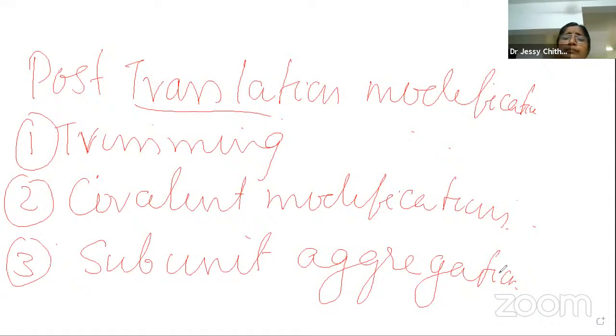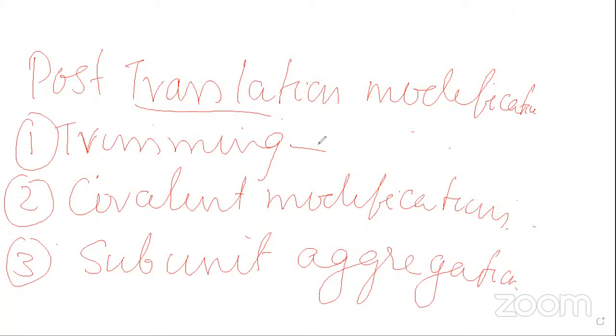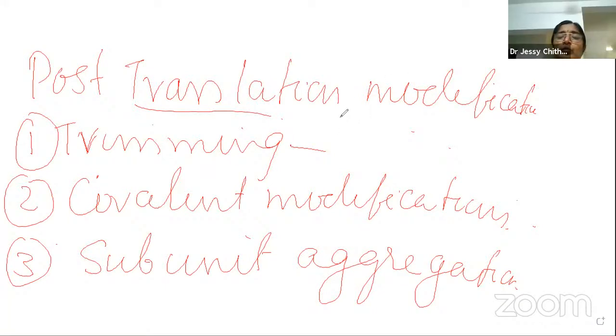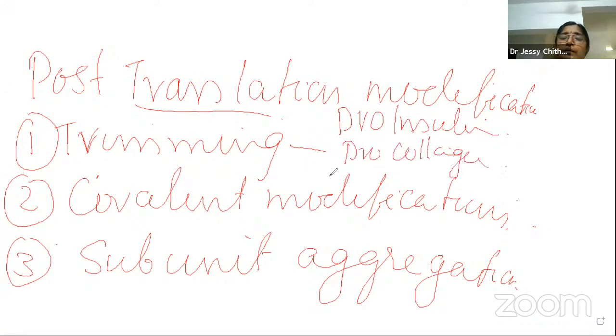What do you mean by trimming? After proteins are synthesized, oligopeptide chains are removed from them. These are the proteins that undergo post-translational modification by trimming: proinsulin to insulin, procollagen to collagen, and zymogens.